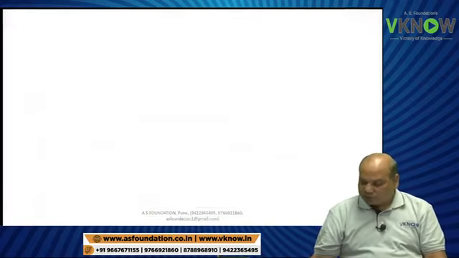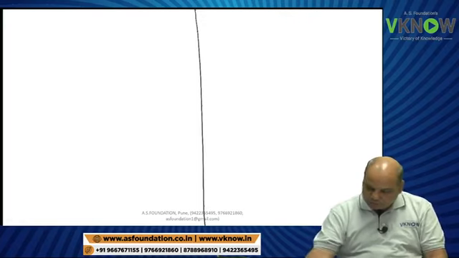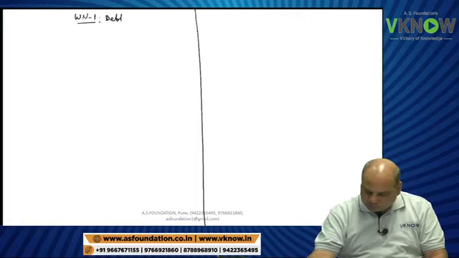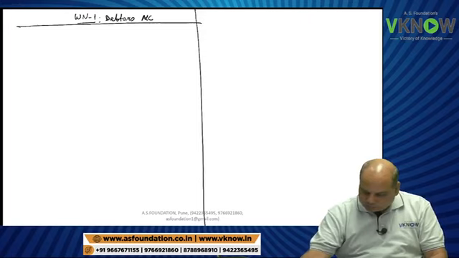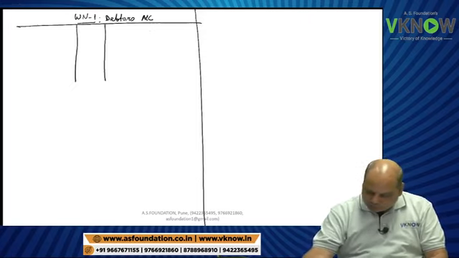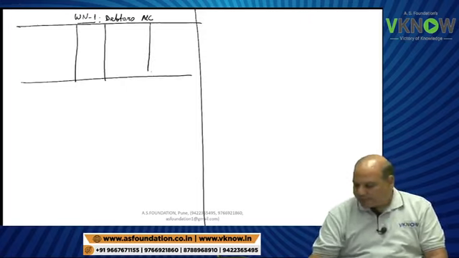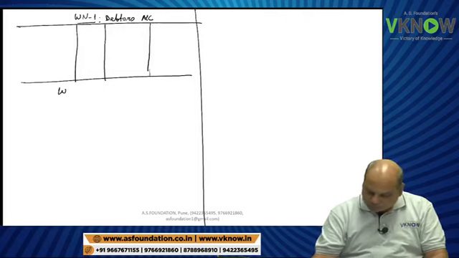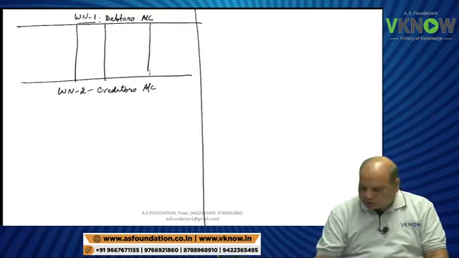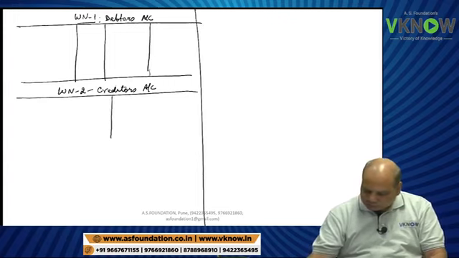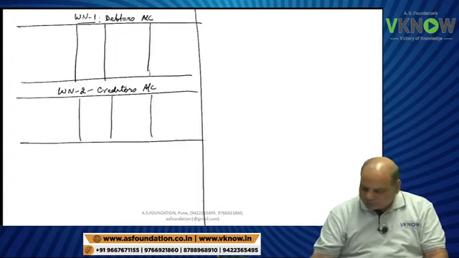So after this main page, we'll prepare some working notes. Working note 1, debtors account. As usual, 6 lines. Working note 2, creditors account, 6 lines.